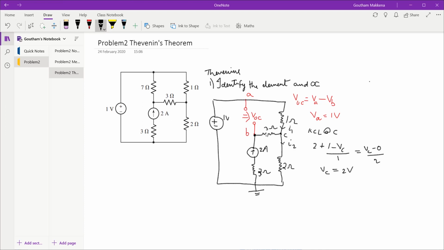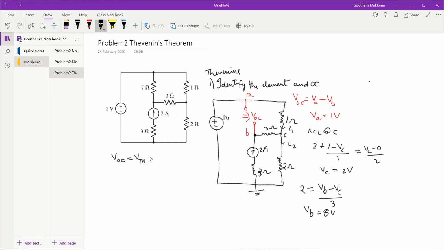So 2 amps is nothing but VB minus VC divided by 3. If I rearrange this equation, I can easily find VB, which happens to be 8 volts. Very good. So what is my VOC now? The open circuit voltage, or sometimes the Thevenin's voltage.